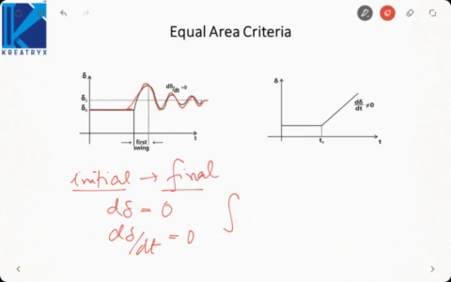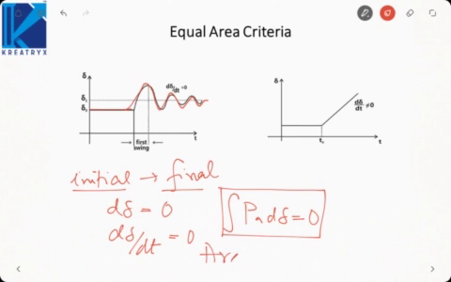From the previous expression, this means the integral of Pa dδ is 0, that is, the area under the accelerating power must be 0. But if dδ/dt is non-zero, then δ will go on increasing and will not show oscillatory behavior. If it shows oscillatory behavior, then dδ/dt is 0.